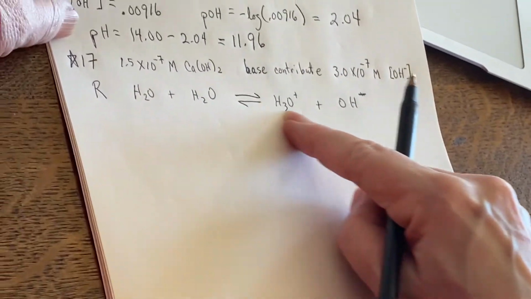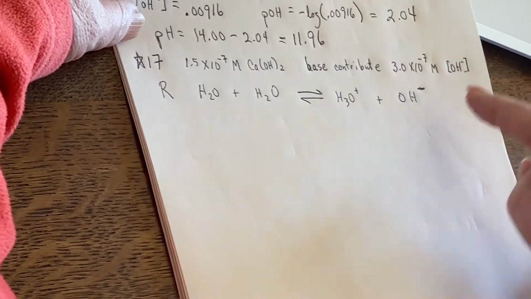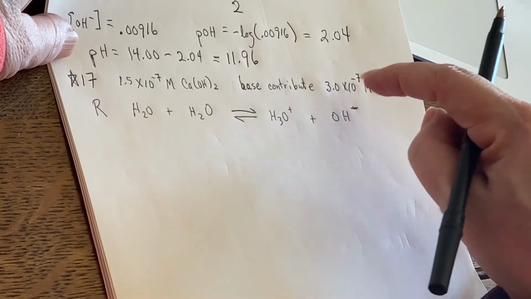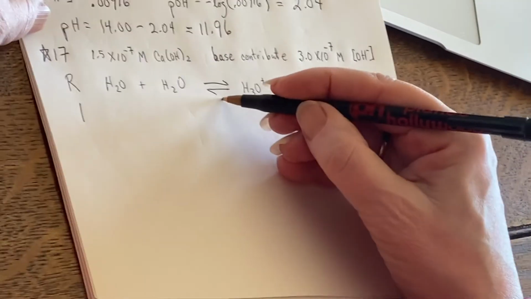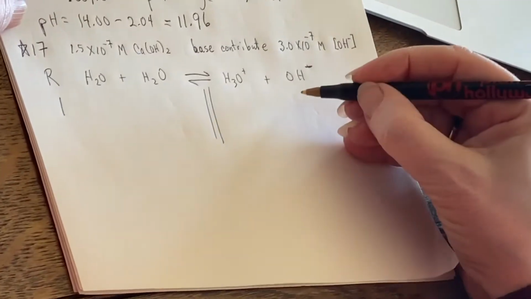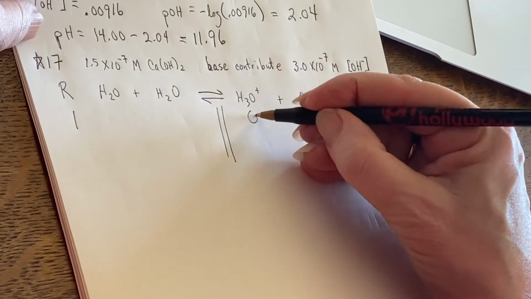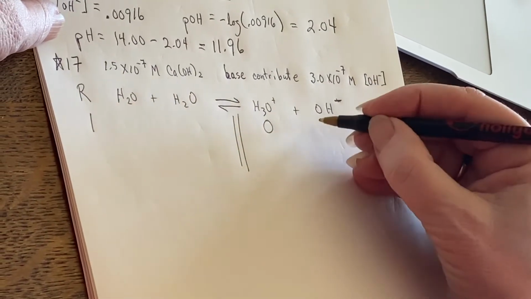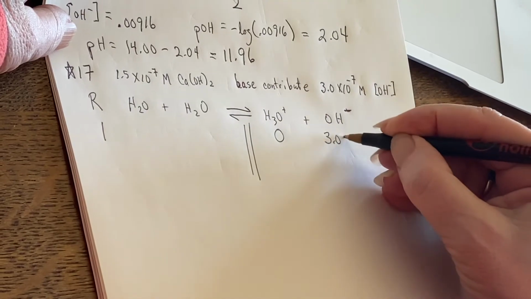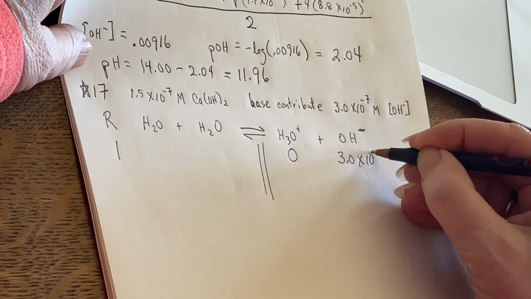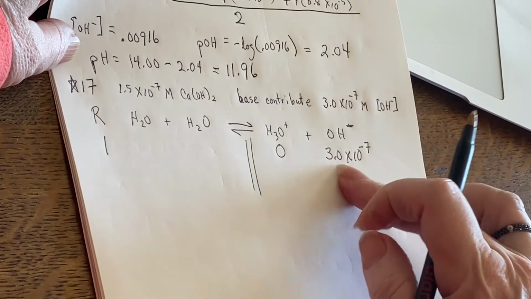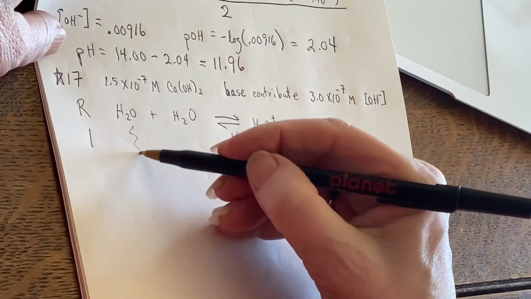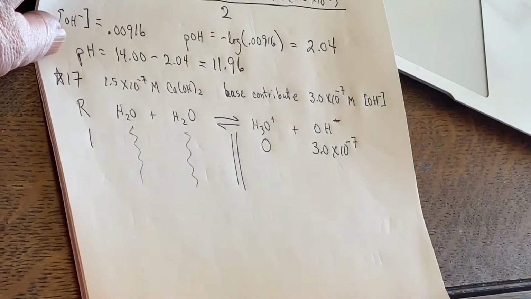I'm taking the auto-ionization of water and I am going to force this into it. So initially then, there's none of this, and this contribution from the strong base is the initial condition. Water is a liquid. It doesn't show up at all.